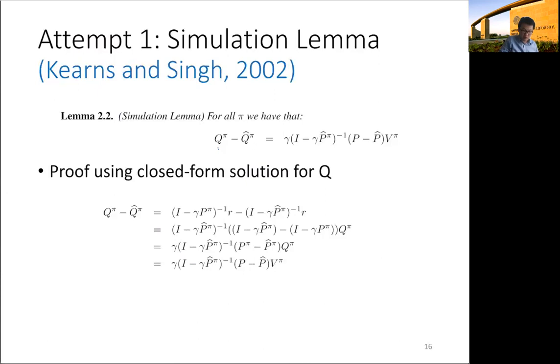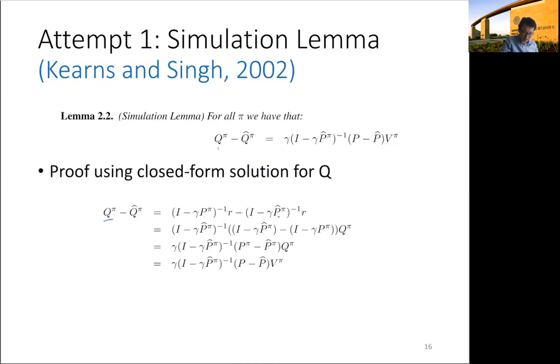First of all, we are applying the closed form solution of the Q function that we just reviewed. So this is applying the closed form solution of Q pi and the closed form solution of Q hat pi under the two MDPs. Now the second line.